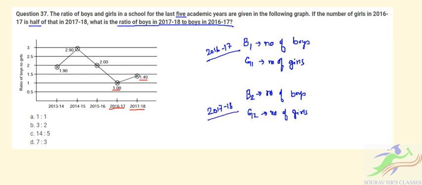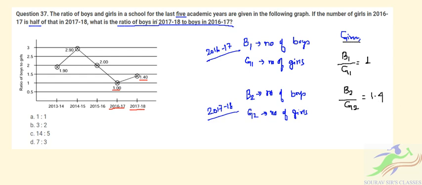Now the data given is that the boys to girls ratio in 2016-17 was 1, and in 2017-18 the ratio is 1.4, right?